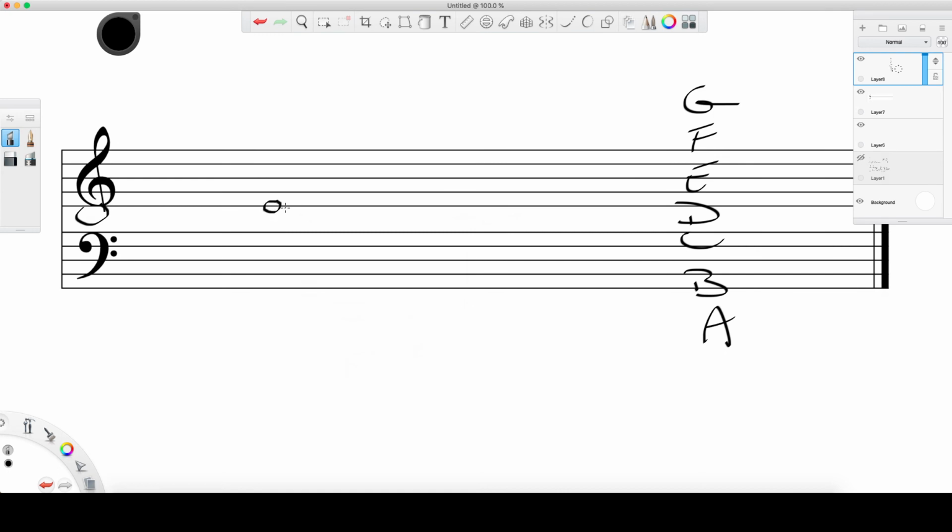That's an E. Going down one step, we have a D. I'm using the alphabet, so E on the lowest line, then D. Then below D, we have our ledger line, which is a C. Going down one more, we have the space above the bass clef, which will be a B. And then the top line of the bass clef, which is an A. So we have an E, we have a D, we have a C, we have a B, and we have an A.